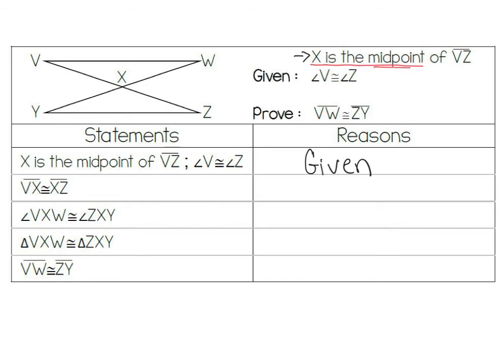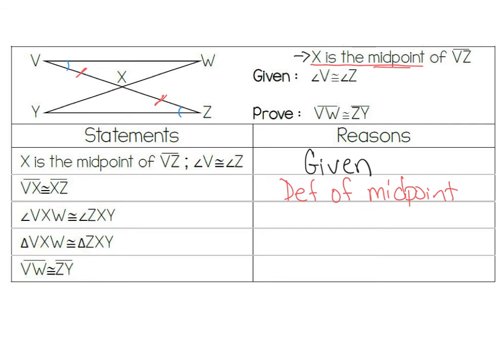So VX is congruent to XZ, and that's going to be the definition of midpoint. And I'm already told, based on our given information, that angle V is congruent to angle Z.